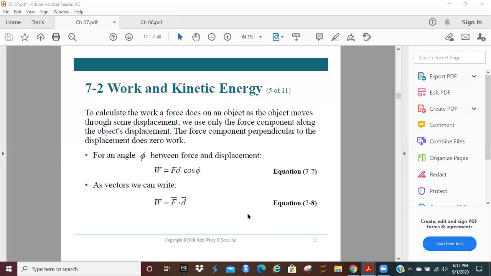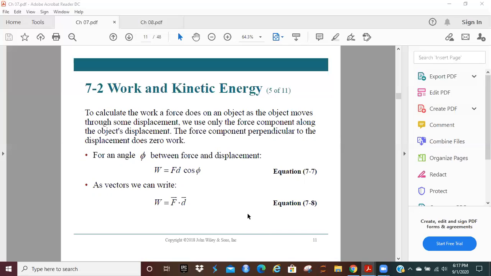So if you have an angle between the force and the displacement, if you take the cosine of that angle and multiply that by the force times the distance, what you're doing is getting an idea as to how closely that force and that distance are correlated with one another. You're just wanting the component of the force that lies along that same vector as the displacement.